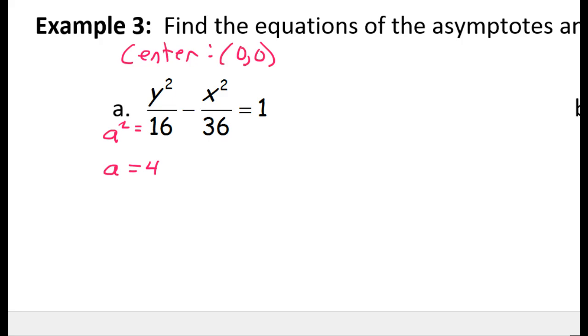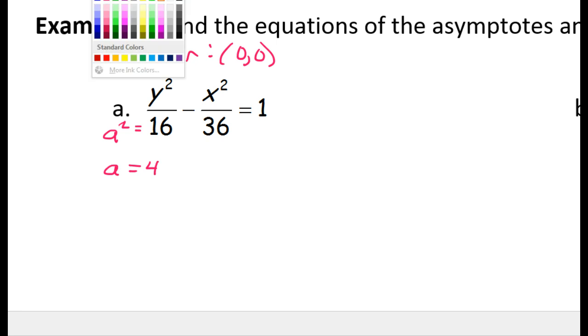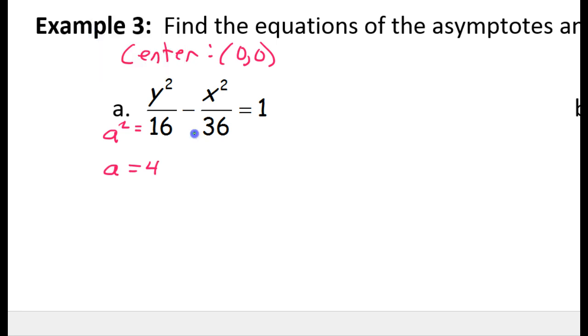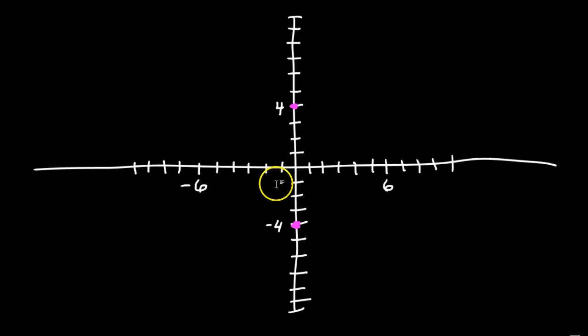Now let's find the co-vertices. Okay, so the 36 is b squared. That means that b is equal to 6. Since the 36 is in the x term, I will do this plus and minus 6 in the x direction.